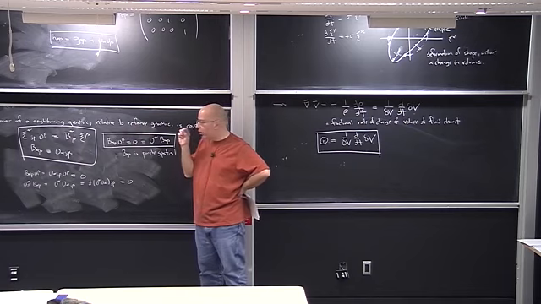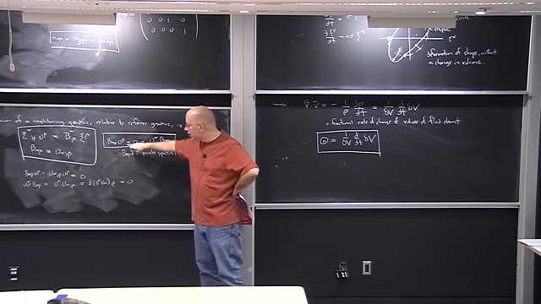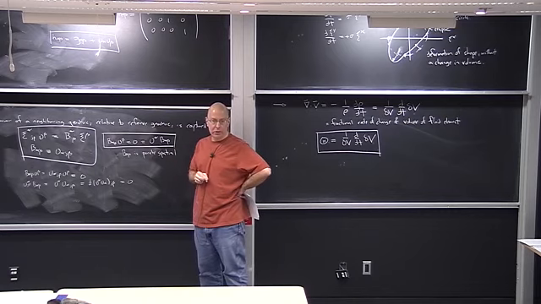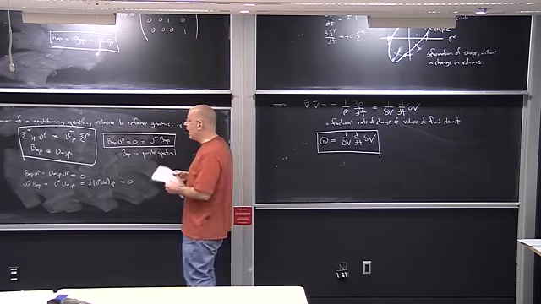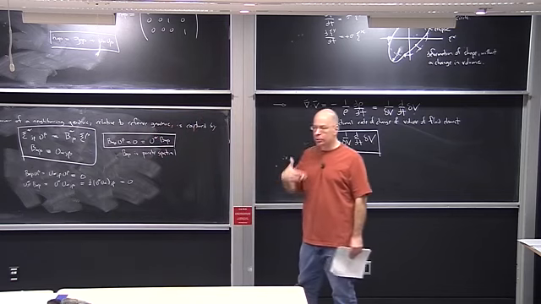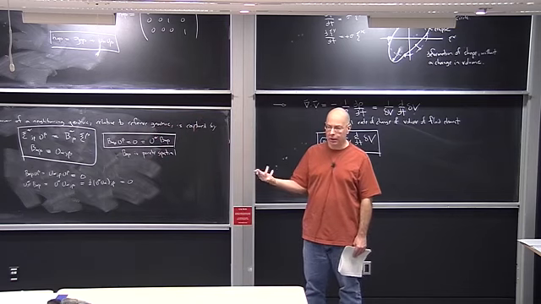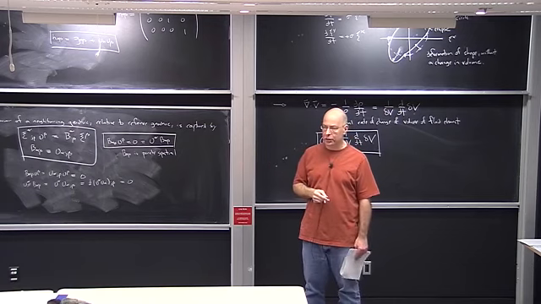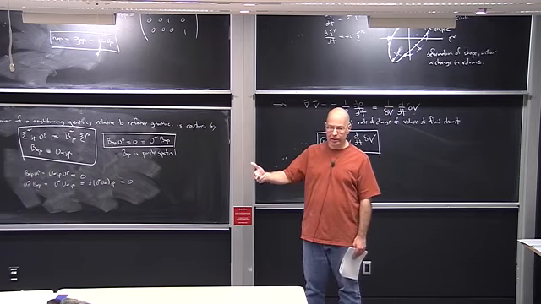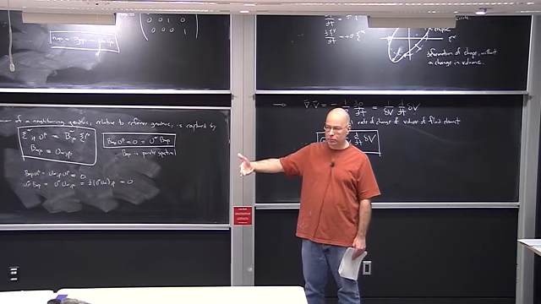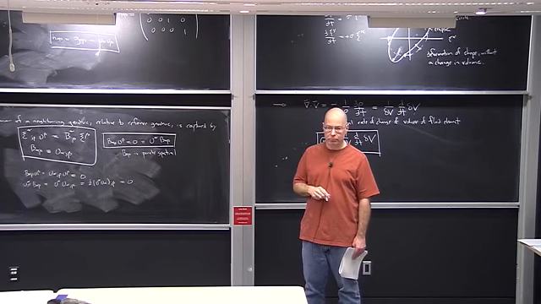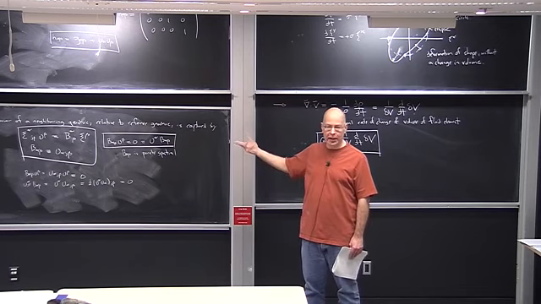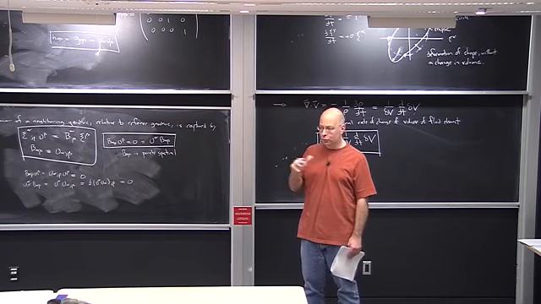But the very important point here is that the time entries are trivial, and really we are dealing here with purely spatial tensors. So anything that I said in the fluid case that was purely spatial in nature applies directly because this is also purely spatial in nature. So the decomposition will be the same. The interpretation of all the terms is going to be exactly the same. That's why I took the time to do it for the fluid case, because I don't want to do it again here. The interpretation is really exactly the same.